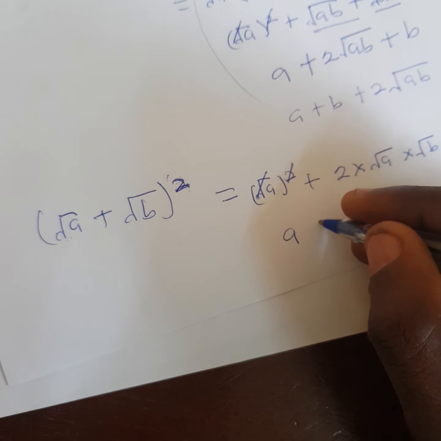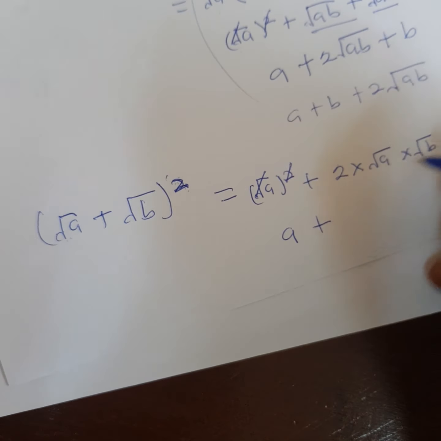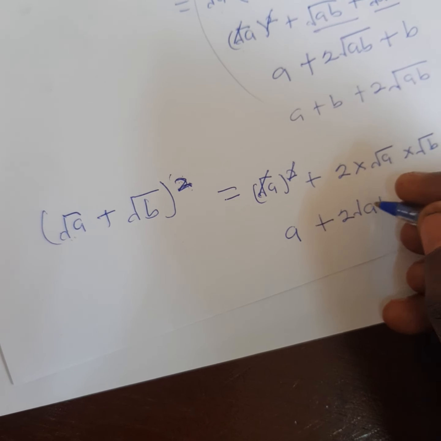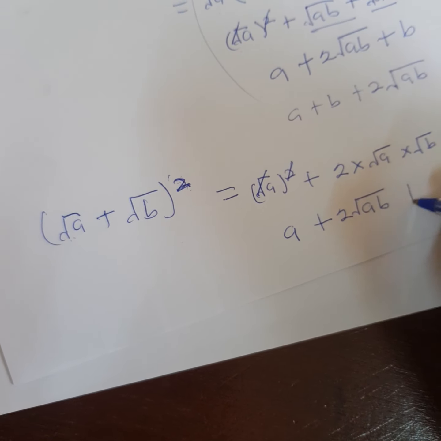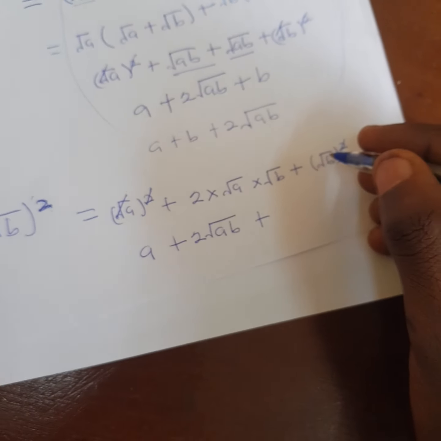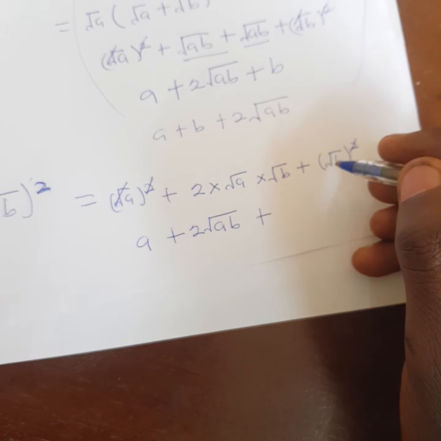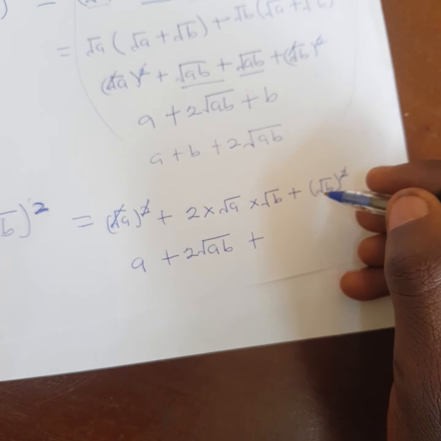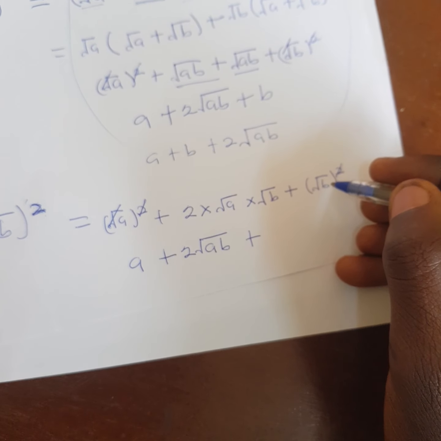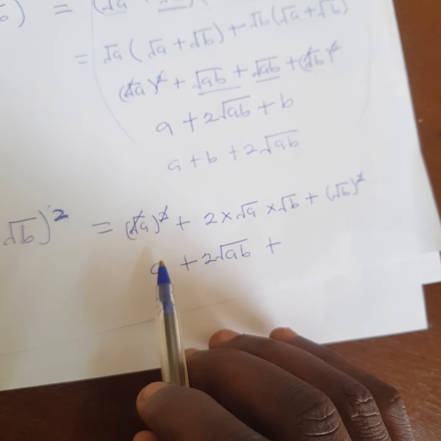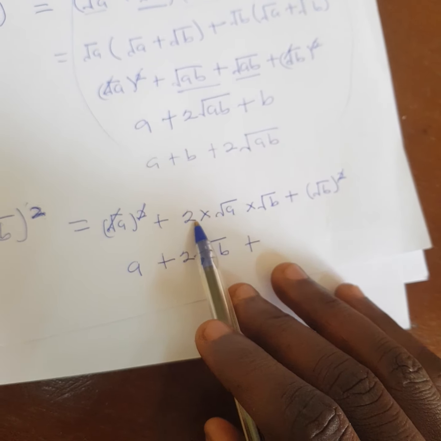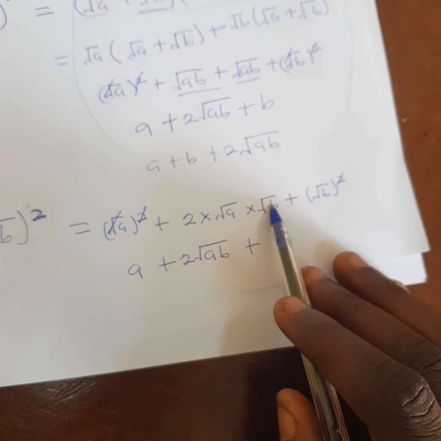You are going to get a plus 2 times this will give you 2 root of ab. Oh, sorry, I didn't realize you don't see. So let me start again. This will cancel out this. 2 times root of a times root of b.